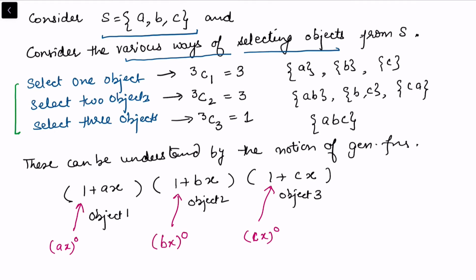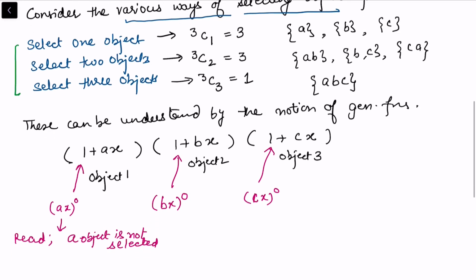I will read this as the object not being selected. So it is possible that when we are looking at the case where one object is selected, in this case we only selected b, and a and c are not selected.